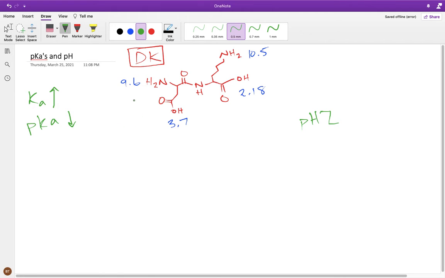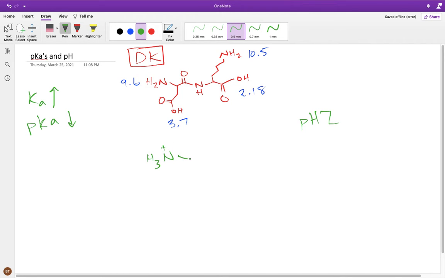Let's start over on the N-terminus. We are at a pH of 2. We have a pKa of 9.6. We are on the acidic side of this pKa, meaning that this functional group is going to retain its acidic form. So we can draw this.